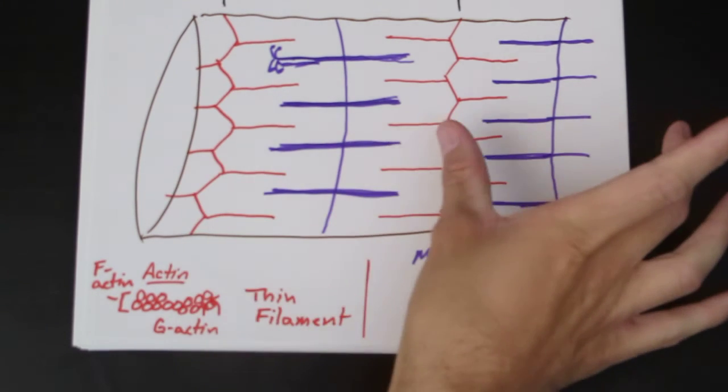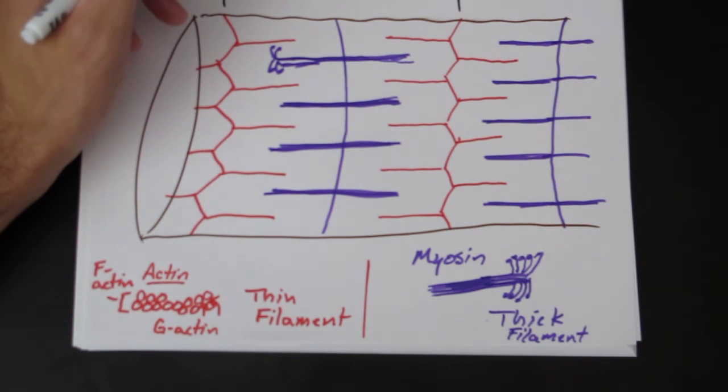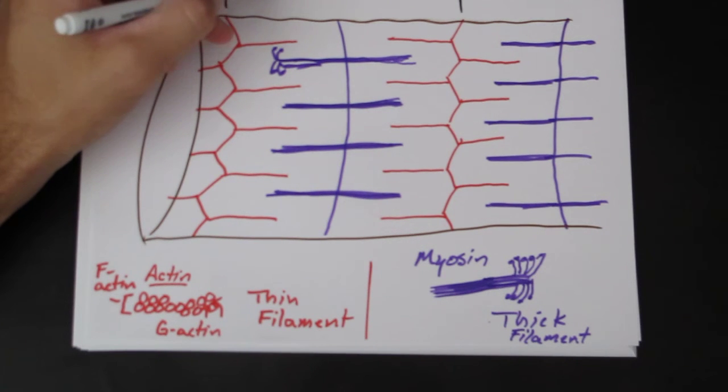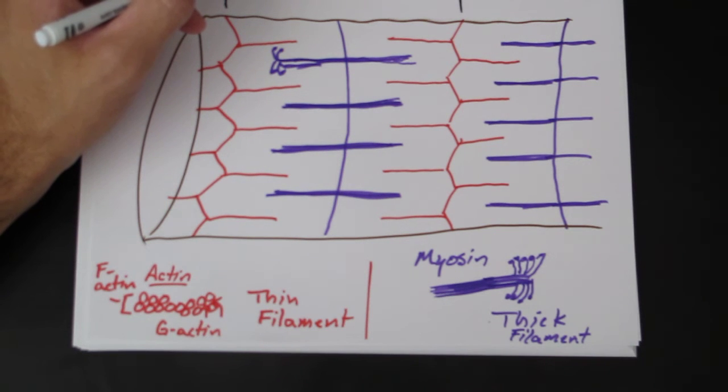I have one here, I could go down here, and it would repeat all the way down the length of the myofibril. For one of these that is a foot long or a foot and a half long or something like that, we would be looking at hundreds or even thousands of these sarcomeres within one of these myofibrils. But this is essentially what it looks like. All right.